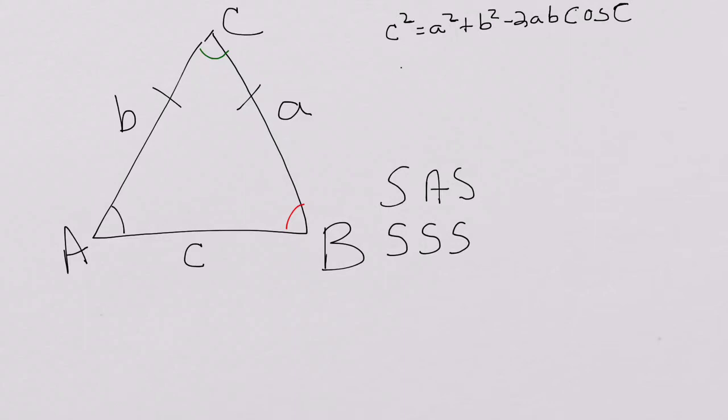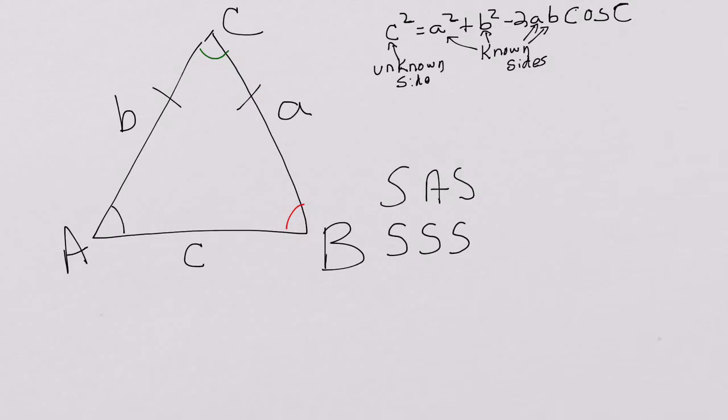So c in this equation is actually going to be my unknown side. That's the side I need to solve for. My a and my b are my known sides, and these a and b over here also.